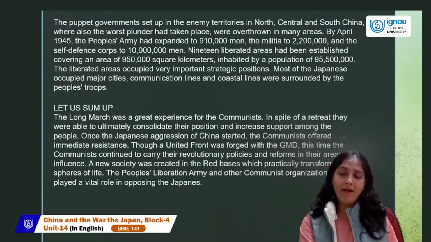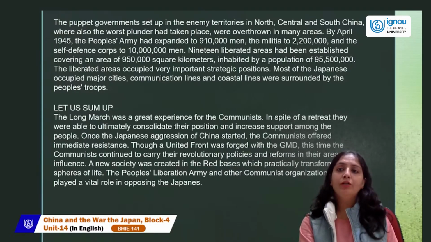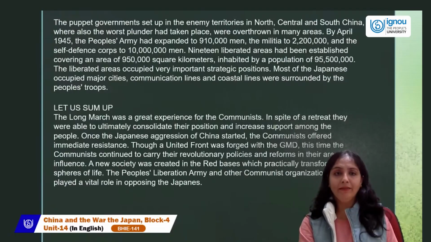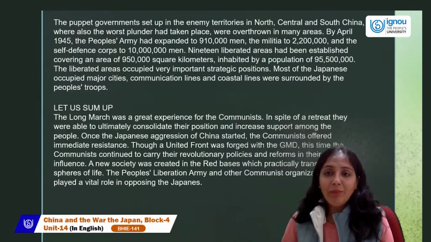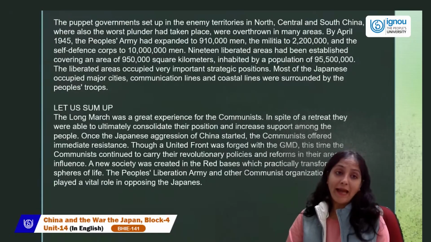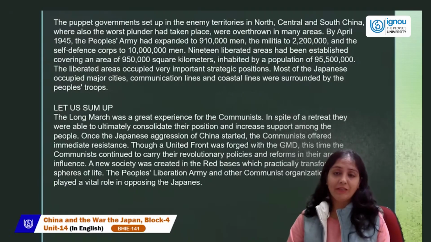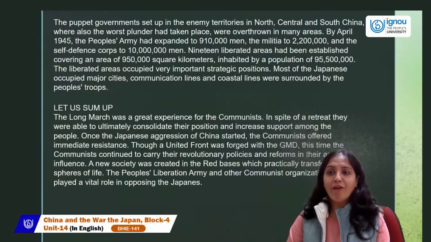But by April 1945, the People's Army had expanded to 9 lakh 10,000 men, the militia to 22 lakh, and the self-defense corps to 1 crore men. 19 liberated areas had been established covering an area of 9 lakh 50,000 square kilometers, inhabited by a population of 9 crore 55 lakh.